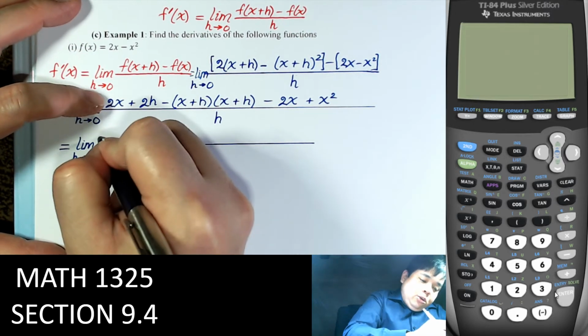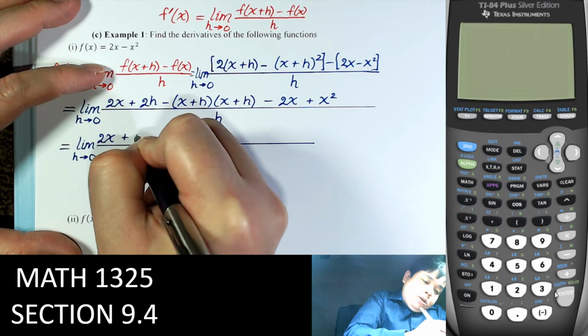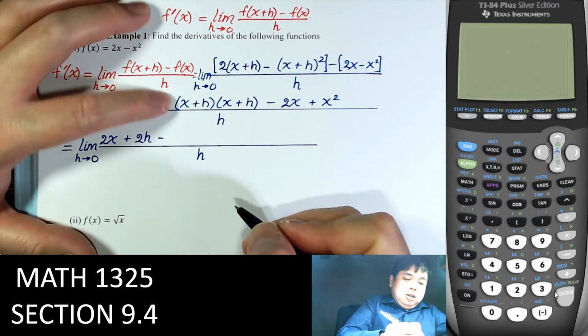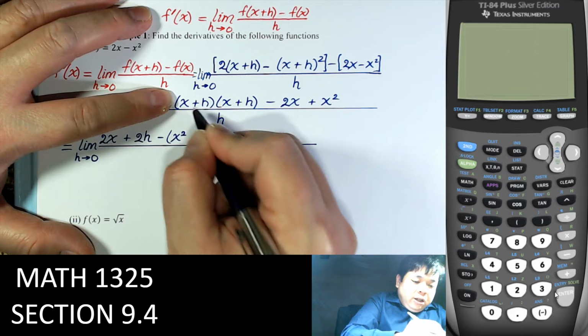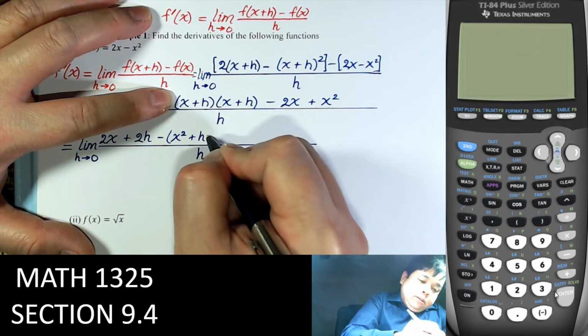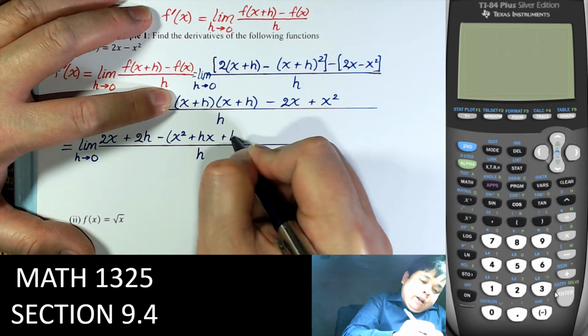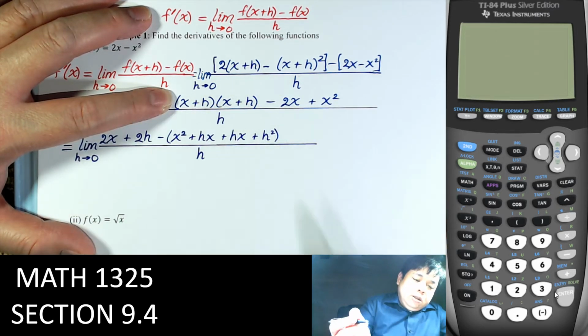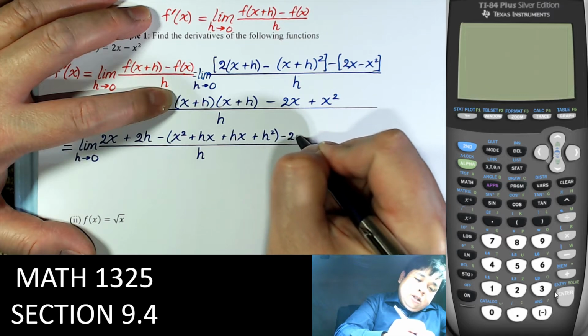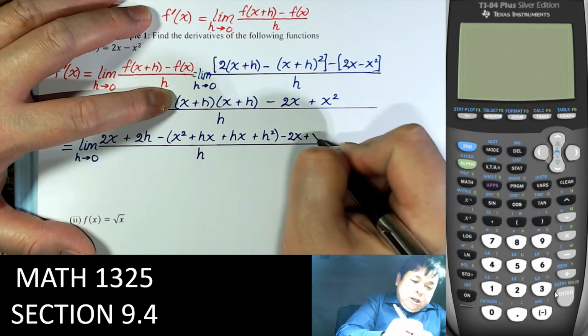Right, 2x plus 2h minus, now multiply this out: x times x, x squared, x times h, plus h times x, plus h squared, minus 2x, plus x squared.